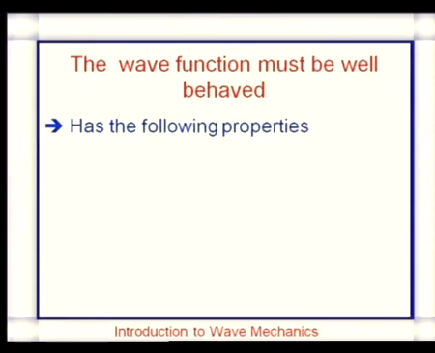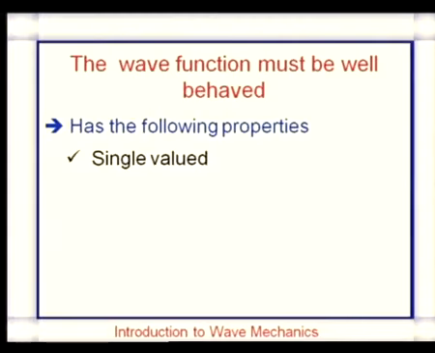Before we come to the second postulate, let me give you a little more information. We said that psi contains all the information about a system, but there are certain qualifications the wave function has to meet, because I cannot take any function and say this is going to be my wave function. There have to be certain criteria.